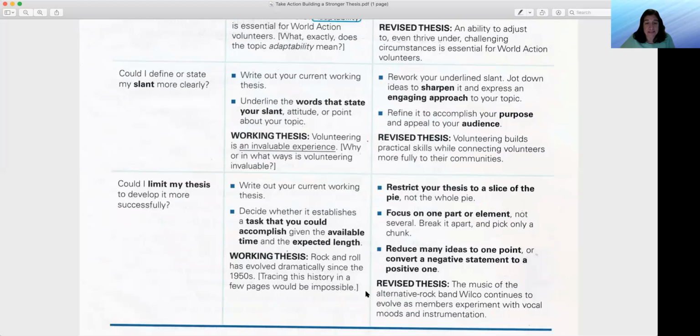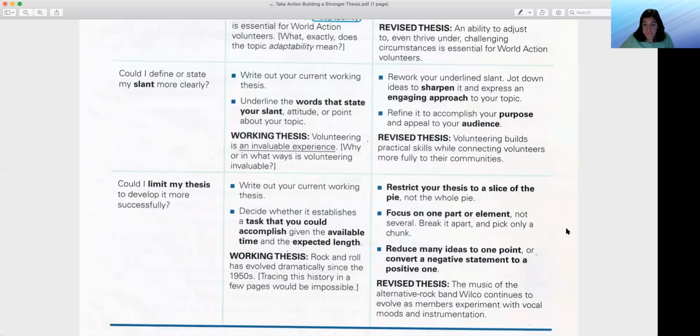The working thesis here is rock and roll has evolved dramatically since the 1950s. Well, most academic essays are a few pages, certainly not 100 pages usually. But tracing this history in just a few pages would be impossible. It would take 100 or more. It would take a book, basically, and we're not going to do that.